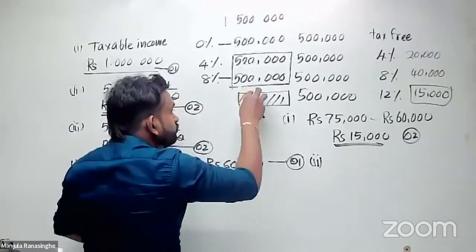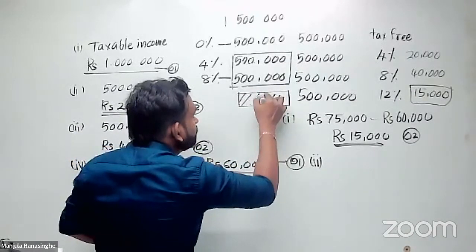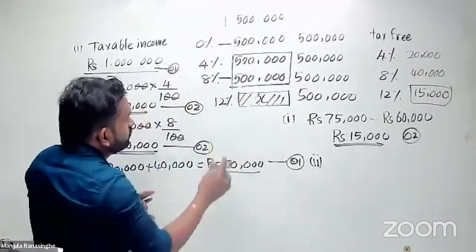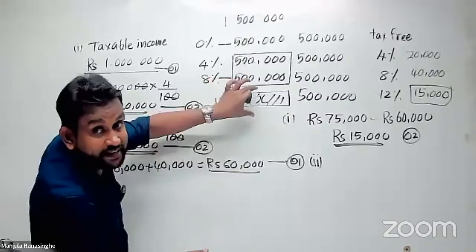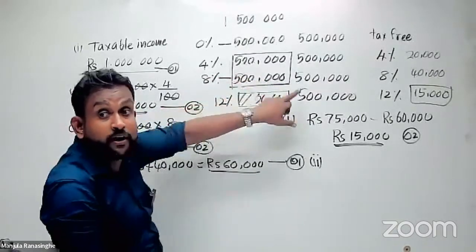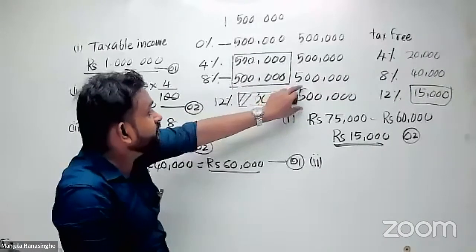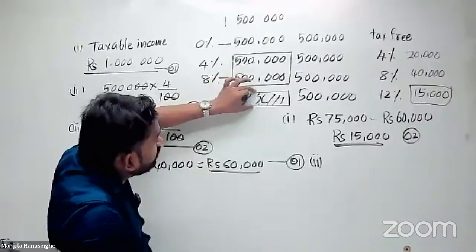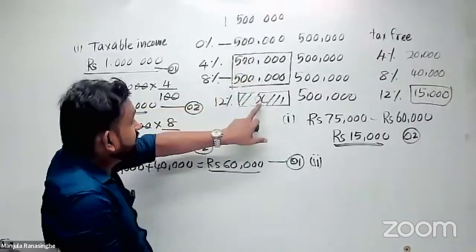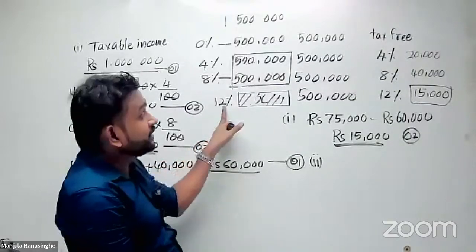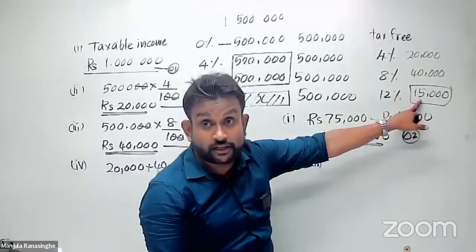So we write it as X, and we know the applied percentage is 12%. 12% of this taxable part. It doesn't apply to the total 500,000, because if applied to 500,000 it would be more than 40,000. But here only some part of the income comes. So we take it as X. Of that, 12% shall equal 15,000.